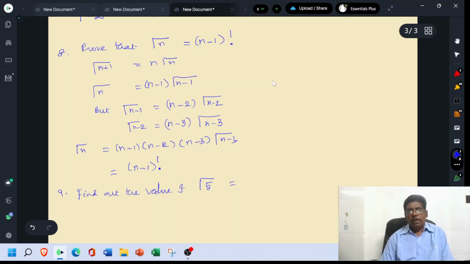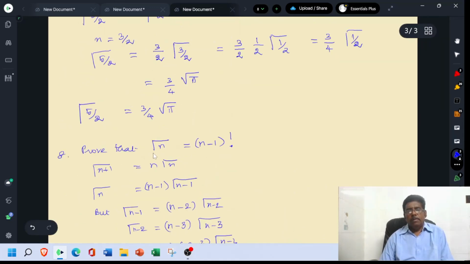Gamma of 5 is equal to 4 factorial, because gamma of n is equal to n minus 1 factorial. 4 factorial is equal to 1 into 2 into 3 into 4, which is 3 into 2, 6, 6 into 4, 24. So gamma of 5 equal to 24.